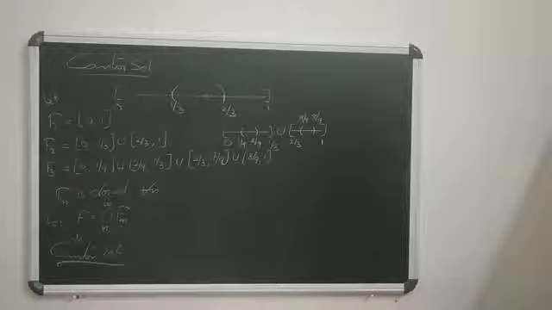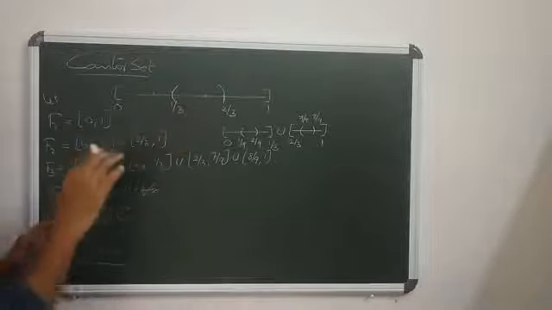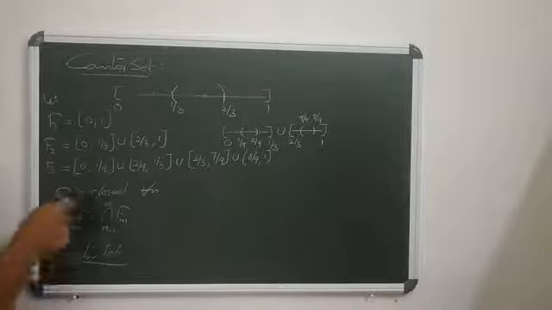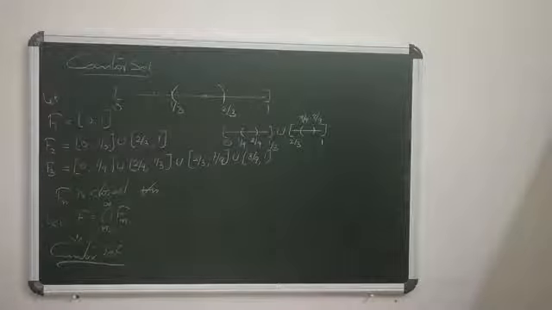So Cantor set means consider closed interval 0, 1. You first remove the middle third interval 1 by 3, 2 by 3, then continue this process indefinitely. Each Fn is closed. Therefore, consider their intersection, the infinite intersection of closed sets, which is known as the Cantor set.